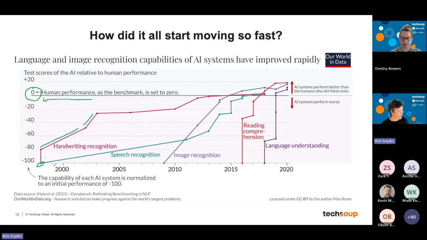Everything's improving over time. Speech recognition. I remember I worked for a brief time with language people who were learning English, around 2011, right?